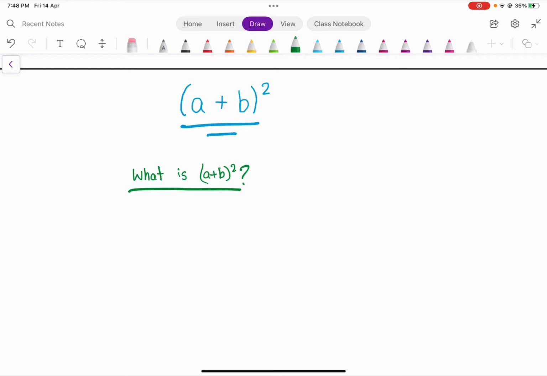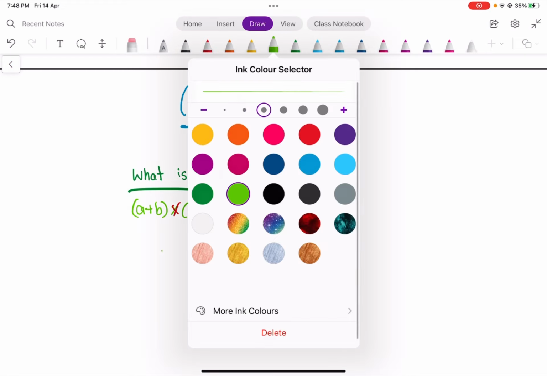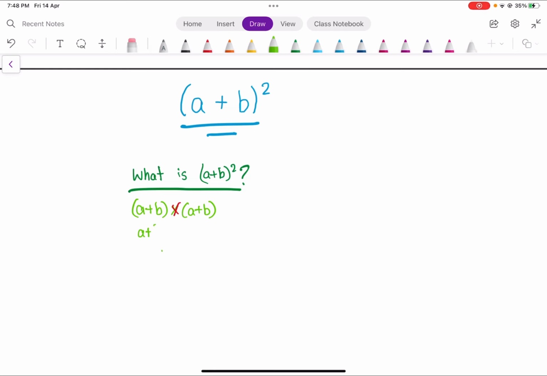So that's going to be a plus b times a plus b. A lot of the time we don't use that times symbol, so it's usually cut off, and we just write it simply a plus b and a plus b.